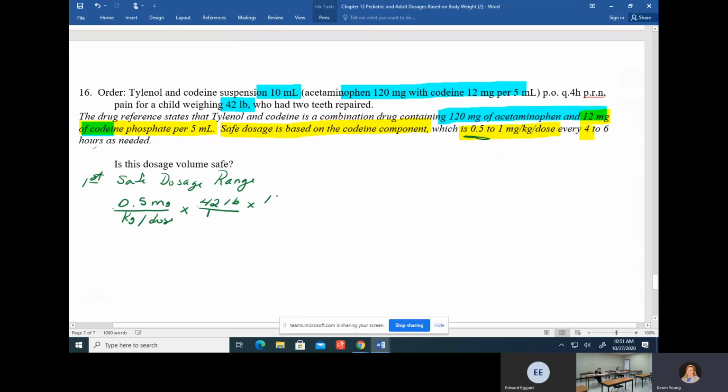My conversion, 1 kilogram to 2.2 pounds. I don't have to worry about the dose. So my kilogram cancels kilogram, pound cancels pound, and I'm going to do 0.5 times 42.